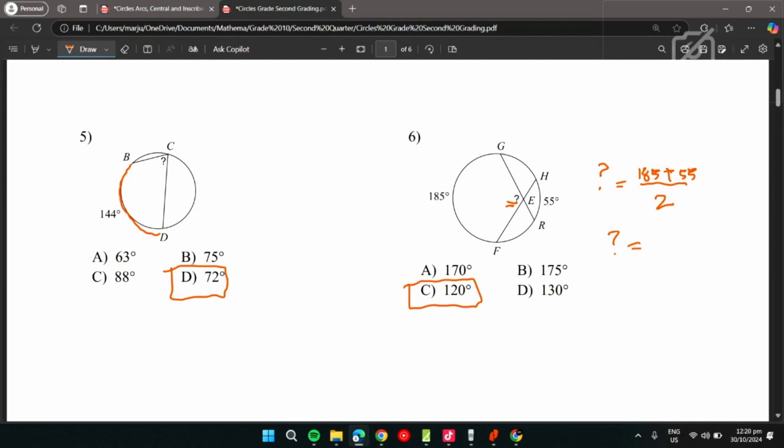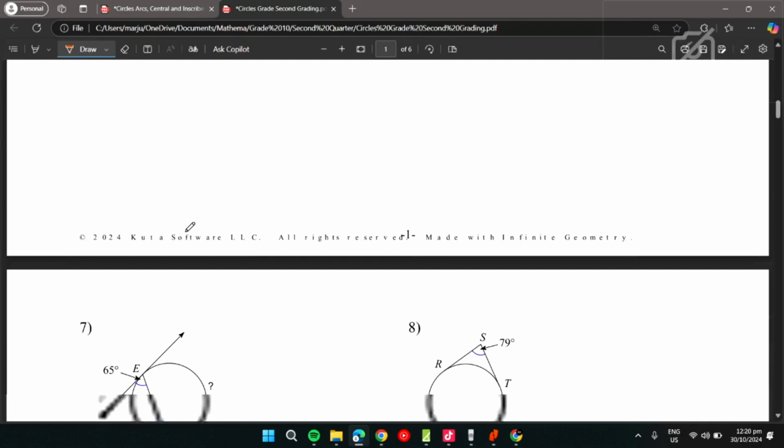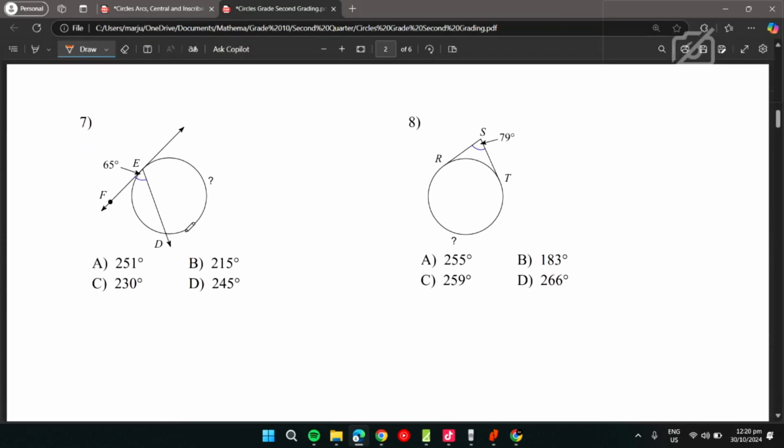Let's do number 7. What is this? Alright, according to Happy, that's 230.